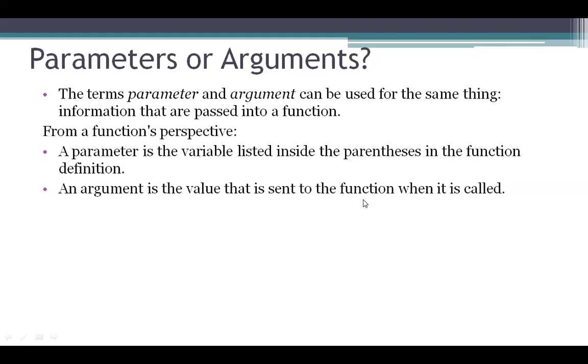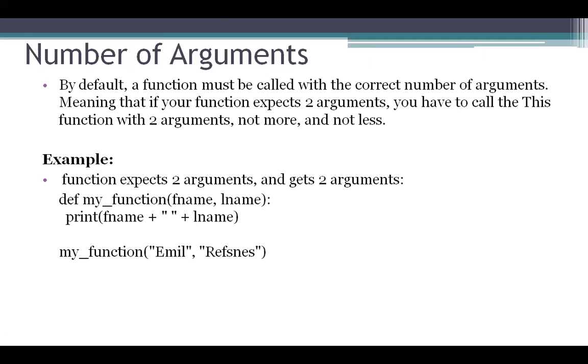And when the function is called, we use the word argument. So when we are defining the function, it is called parameter. When we are calling the function, we use the term argument. That's the only difference.